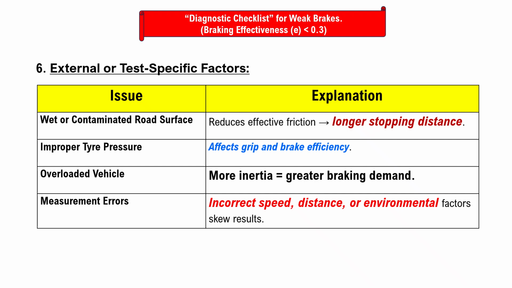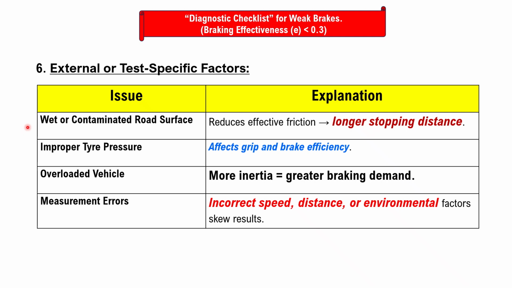Other factors related to external or test specific factors are: number 1, wet or contaminated road surface. It reduces friction, thus requiring longer stopping distance. Number 2, improper tire pressure. It affects grip and braking efficiency.